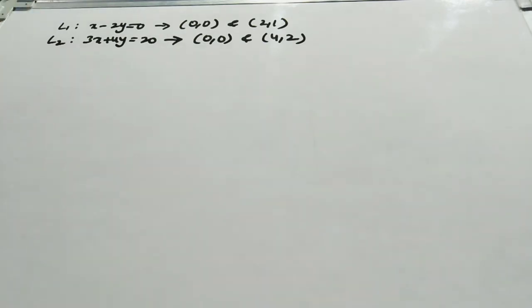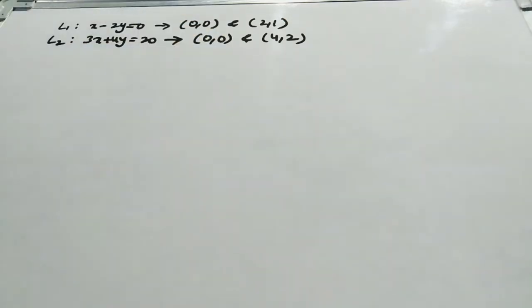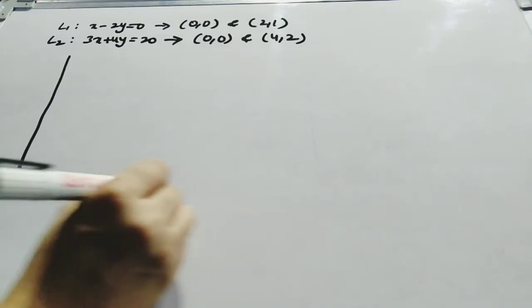For my remembering purpose, I will write once again. For L1, the coordinates are 0, 0 and 2, 1. For L2, 0, 5 and 4, 2. The highest value is 4. So draw a graph; it is better to use graph paper and use your scale.